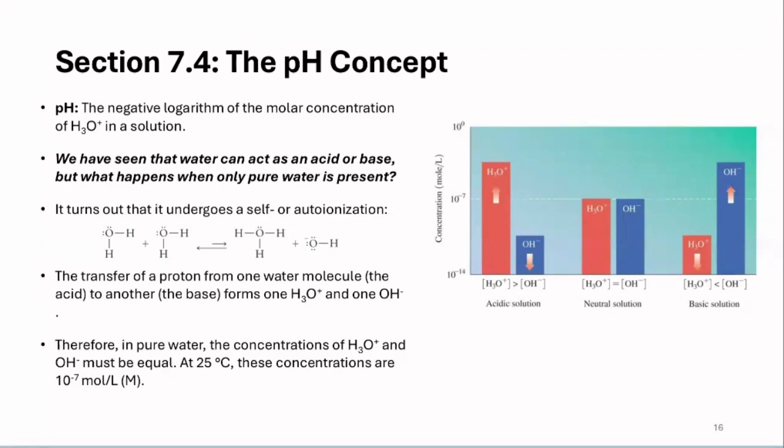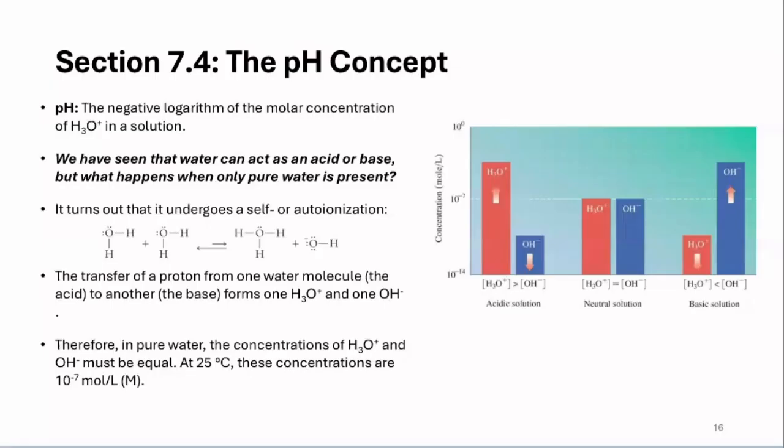in pure water. It turns out that water molecules are in an equilibrium reaction. Water molecules go through the process of autoionization. This process states that water molecules are going to attack each other.